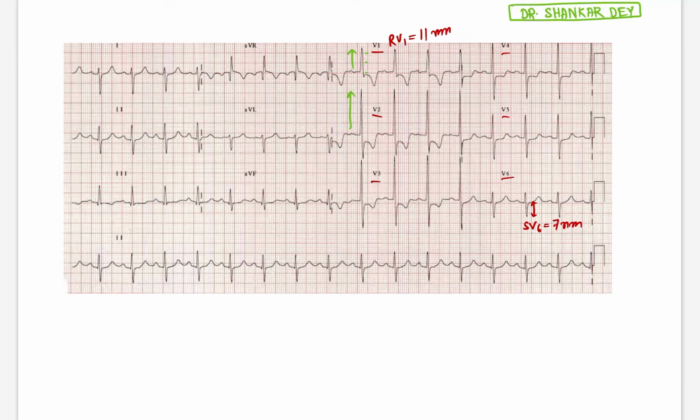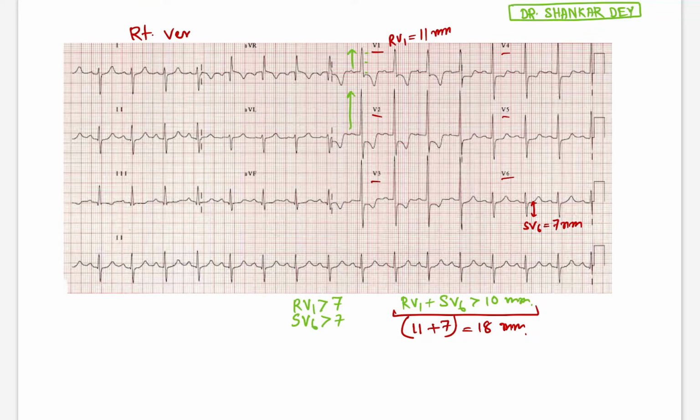So as I told you before, whenever RV1 is more than 7 or SV6 is more than 7, or the summation of RV1 plus SV6 is more than 10 millimeter, this is right ventricular hypertrophy. In this case, the summation of RV1 which is 11 plus 7, that means 18 millimeter. So this is a case of RVH or right ventricular hypertrophy.